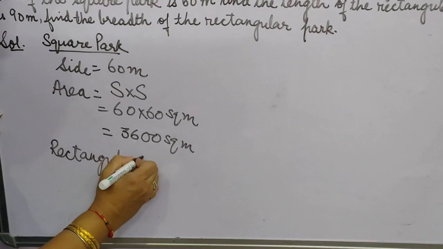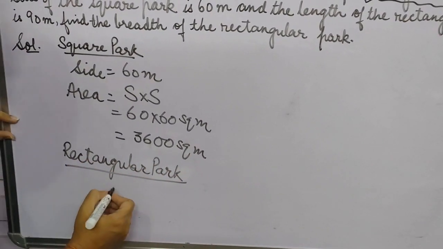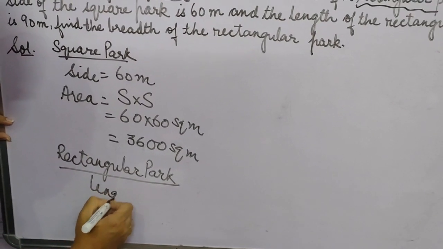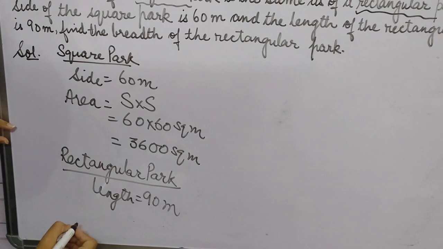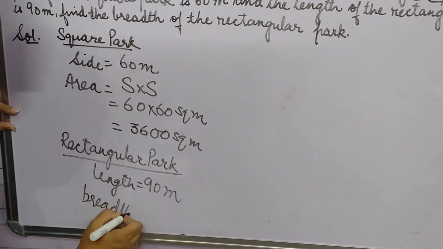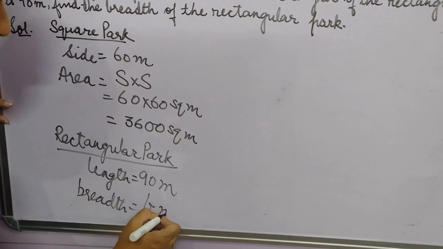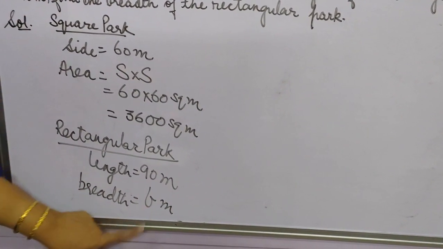Now another is the rectangular park. And in the rectangular park we are given its length. And how much is the length we are given? It is 90 meters. And we are not given its breadth, so let the breadth be b meters only. You can, if you want, suppose it to be x also.